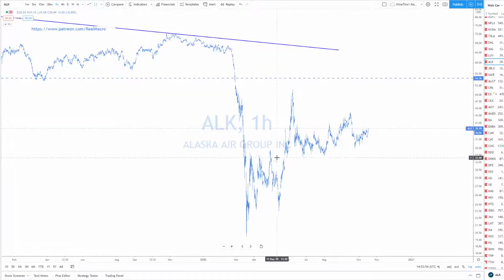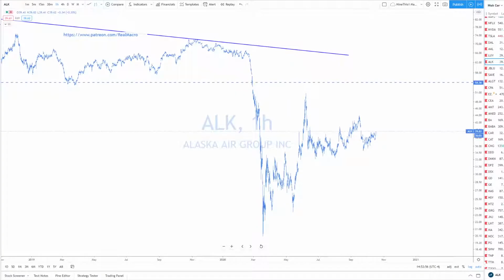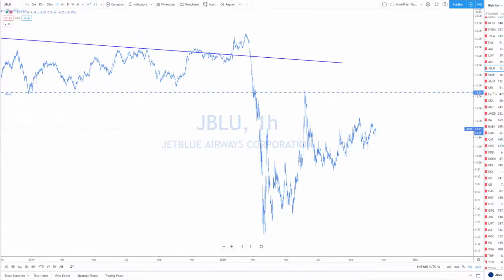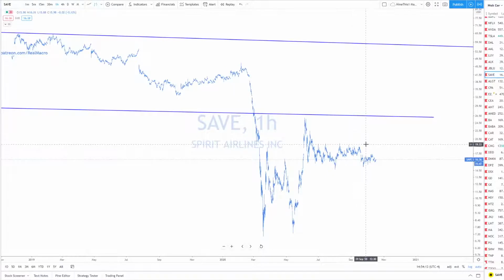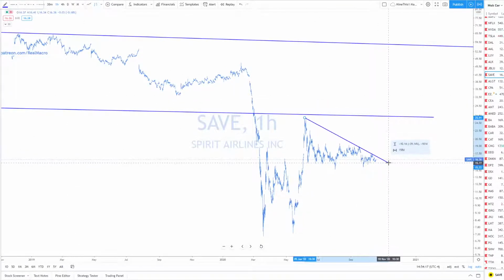Okay, Alaska Airlines. JetBlue. JetBlue has money till the summer. Okay, without government help. So that tells you a lot. Spirit not doing as well as JetBlue, obviously.